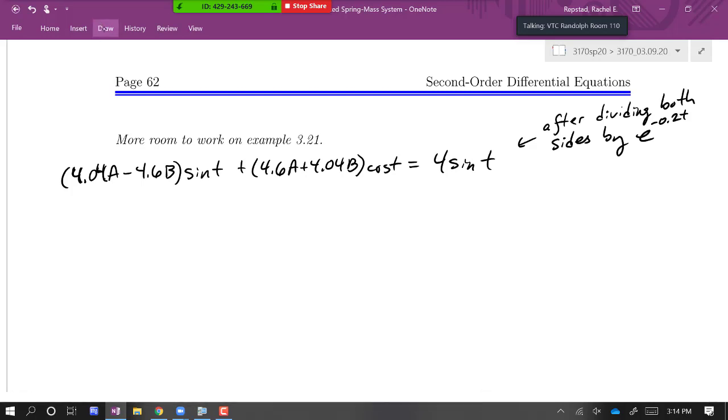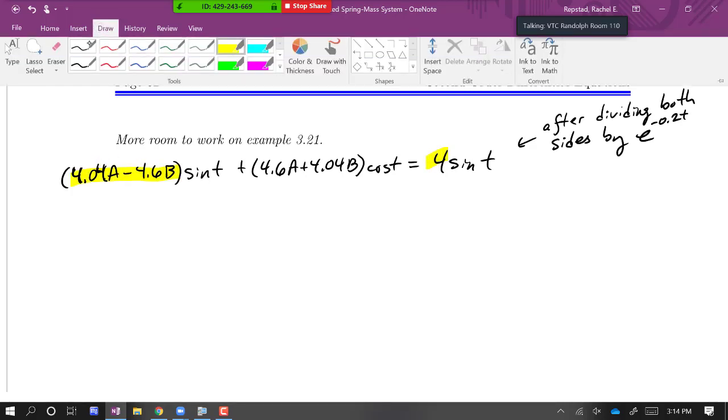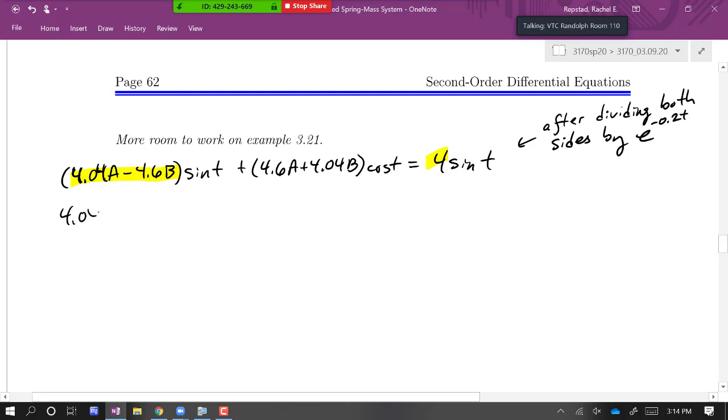Yeah, and how do you get that? It's the same coefficients. Yeah, we're just comparing coefficients. And what does 4.6a plus 4.04b equal? Zero, because there's no cosine term in our forcing function.